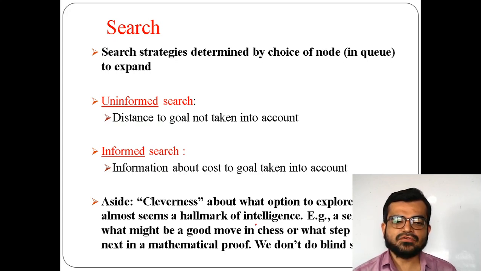But informed search gives you information on what the cost will be, approximately. It is not that whatever is said is 100% correct, but there is an estimation, and that estimation will be taken into consideration for performing informed search.